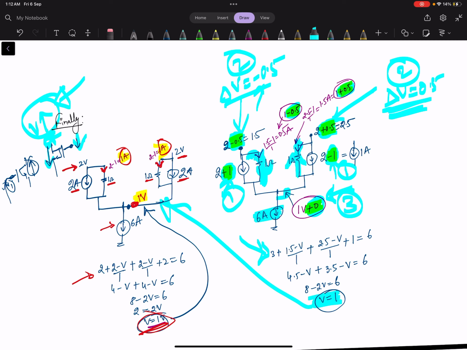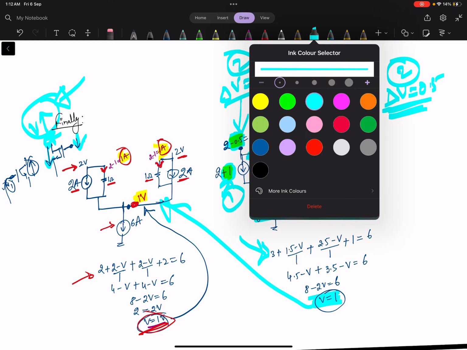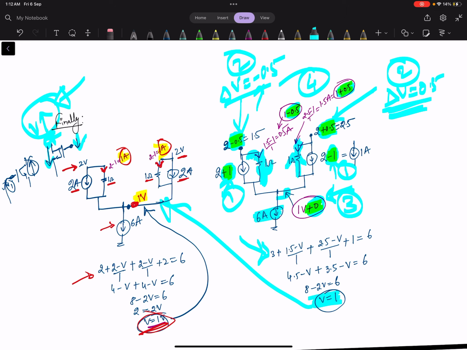This is the fourth point. The important point to remember is that this current decreases by 0.5 and this current increases by 0.5.